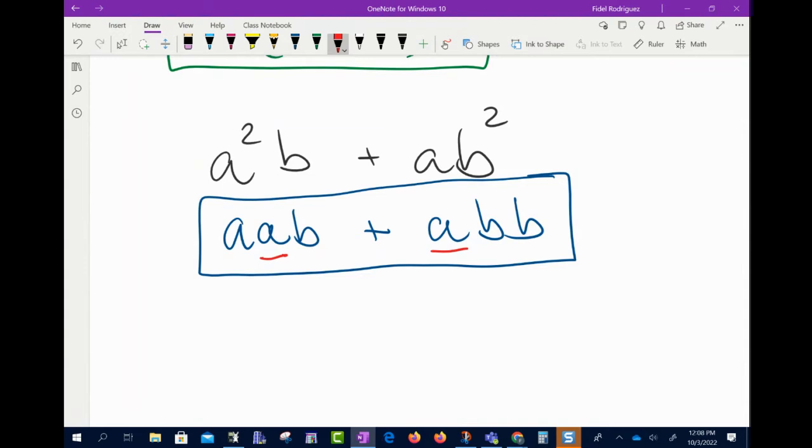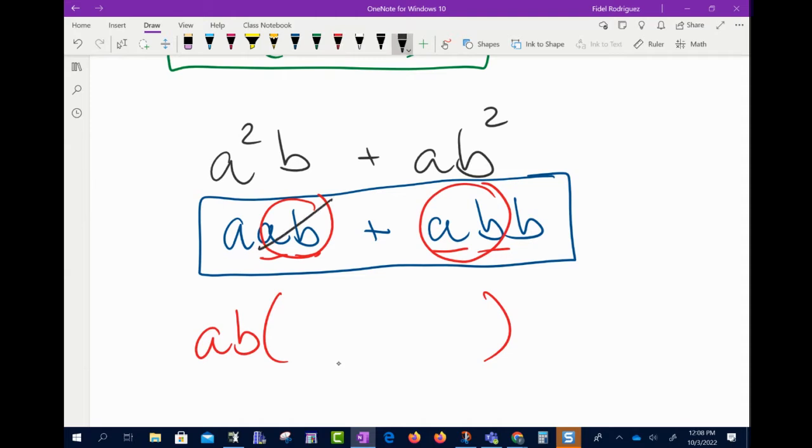Yeah, they both got an A, right? What else do they both have? They both have a B, right? So if we take away this AB and this AB right here, we're going to have an AB in front, okay? And if we take the AB away from here, we're still left with that A. And if we take the AB from there, we're still left with that B.